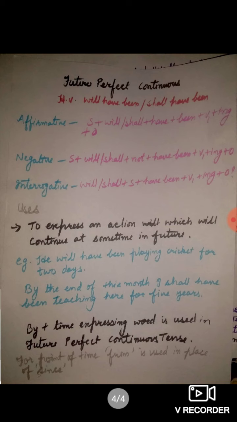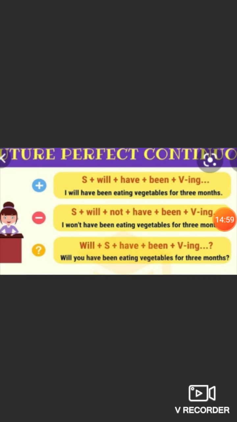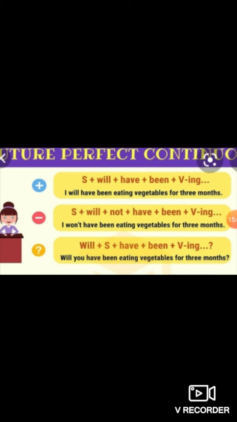In negative sentences, the structure is subject plus will or shall plus not plus have been plus first form of verb plus ing plus object. And in interrogative sentences, the structure is will or shall plus subject plus have been plus first form of verb plus ing plus object. The examples are in front of you.